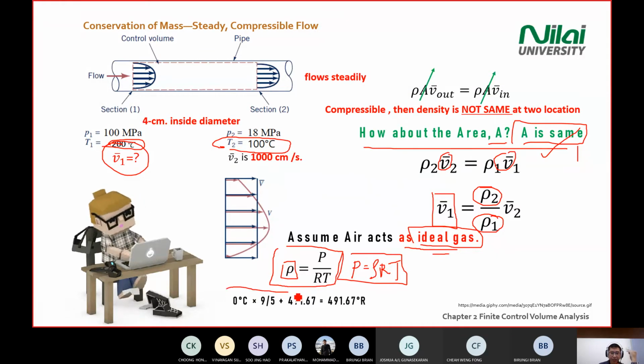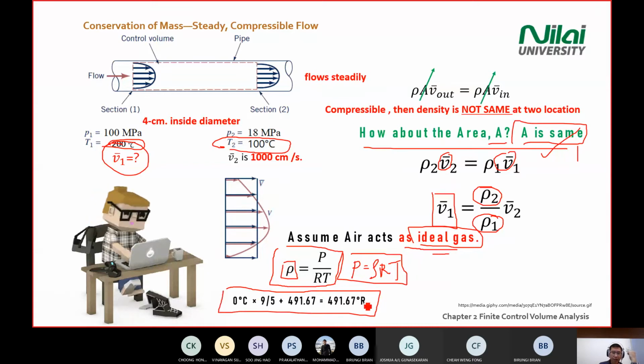And then copy this formula somewhere in your notes. 0 degrees C, you convert into Rankine, because the gas constant R here is in the unit of joule over Rankine, right? So copy this conversion equation: 0 degrees C times 9 divided by 5 plus 491.67.